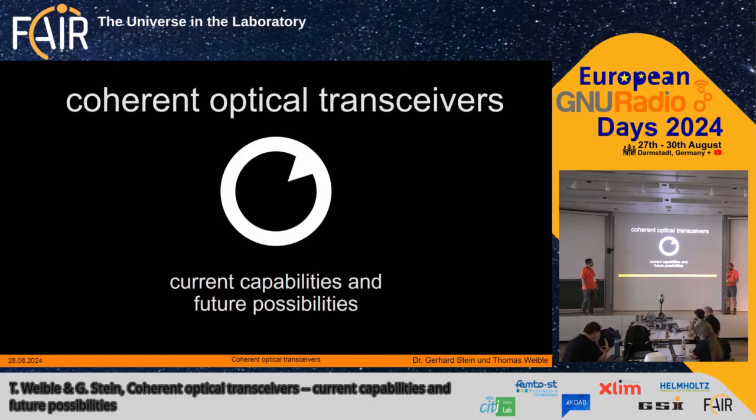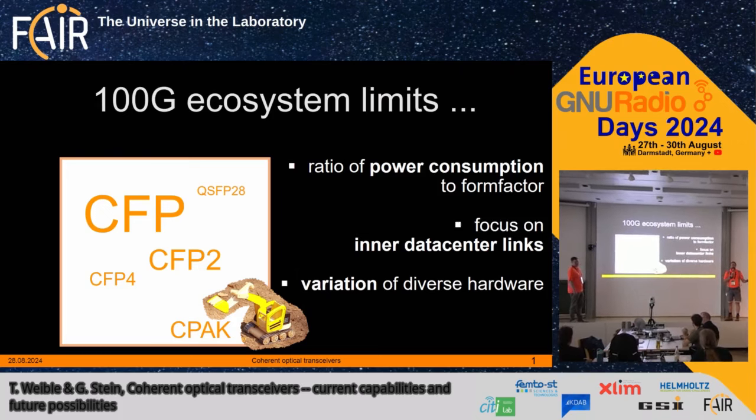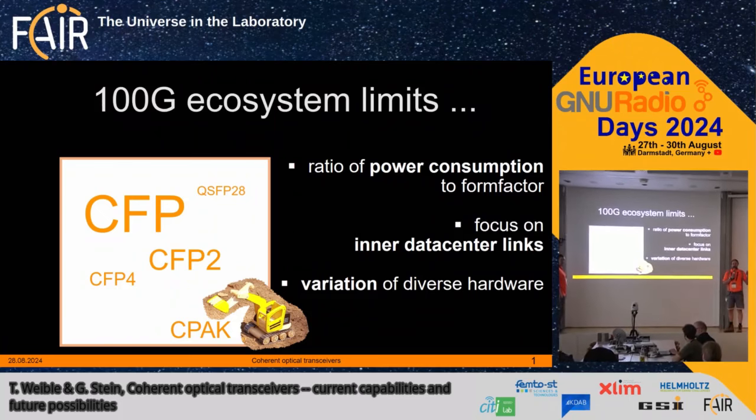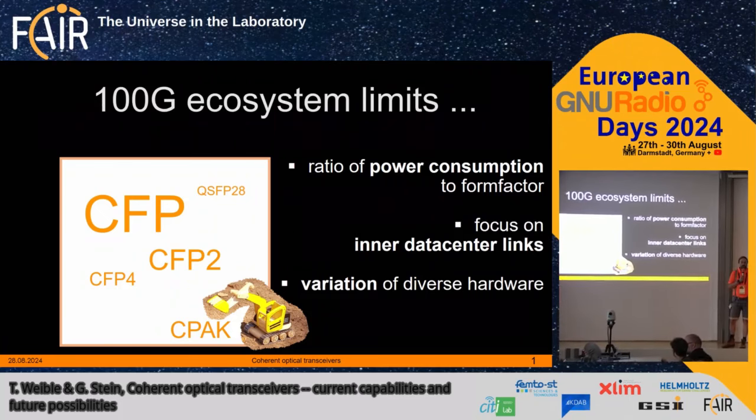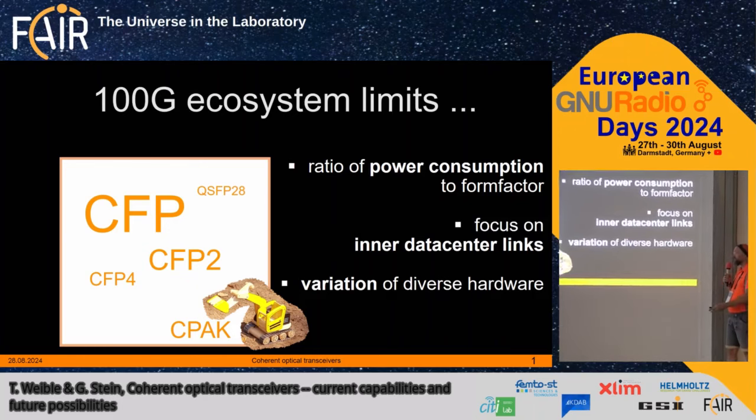So, let me give you a short intro to where we are at the moment when it comes to de facto standards in terms of transmission speeds and applications. It is about 100 gigabit currently, state of the art, what we do when we interconnect switches, routers, and also high performance computers. And there are some drawbacks.